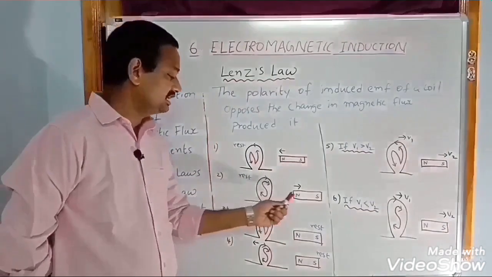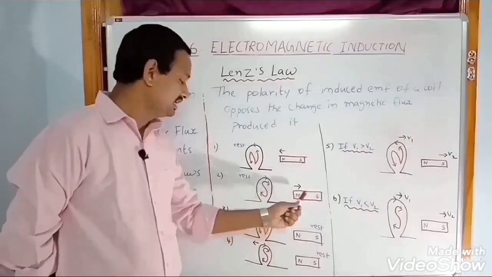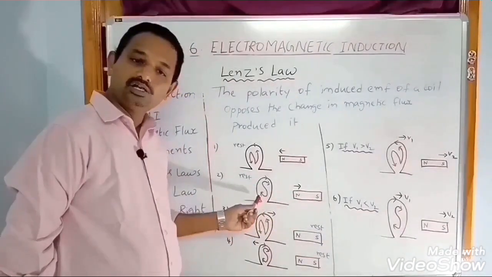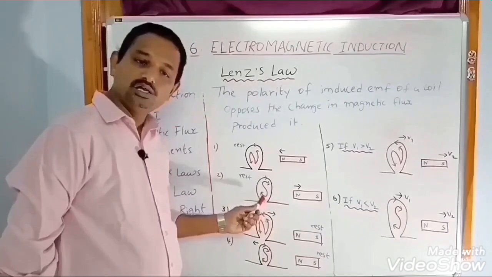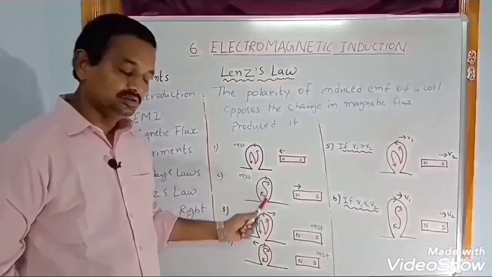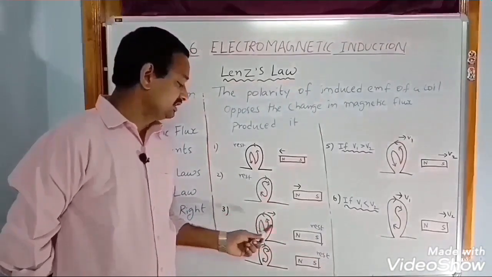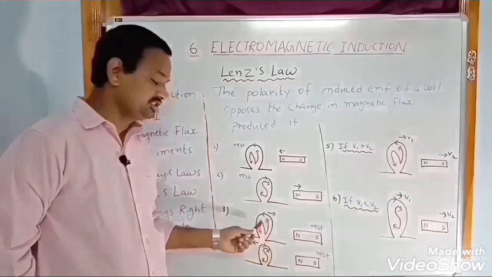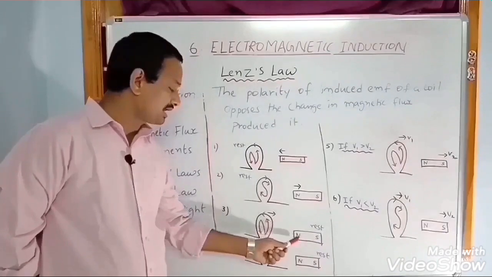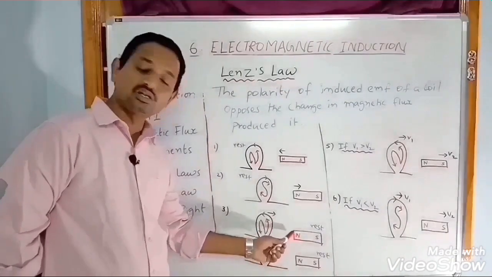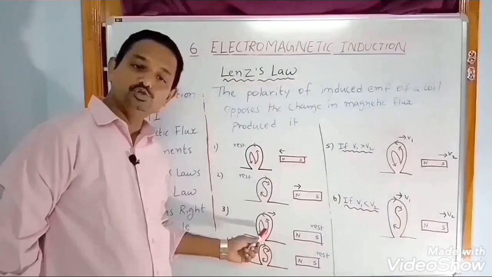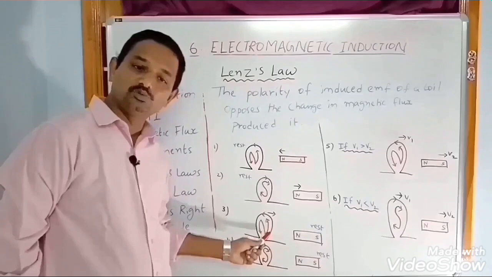In the second case, if you are moving the north pole of the magnet away from the coil, the polarity of the induced EMF of the coil acquires south pole. In the third case, now magnet at rest, coil is in motion. If we move the coil towards the north pole of the magnet, the polarity of induced EMF of the coil acquires north pole.